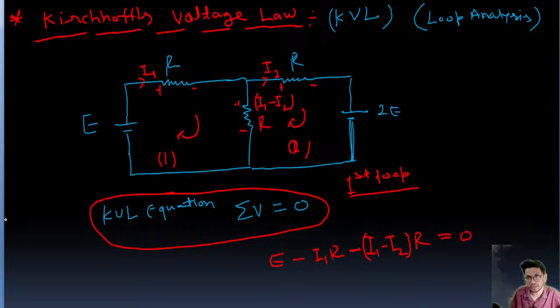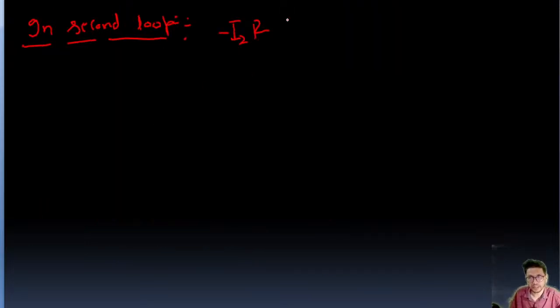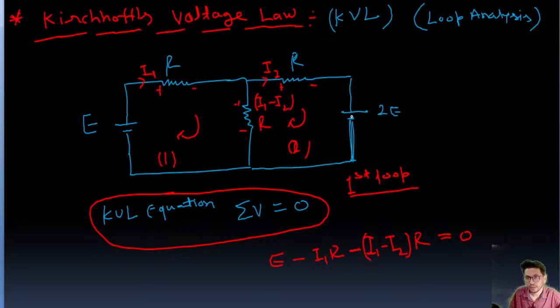So the sign of 2E will be minus, so this is minus 2E. And then minus this one, this I2 is coming here. Here you can see the direction is this, I1 minus I2.